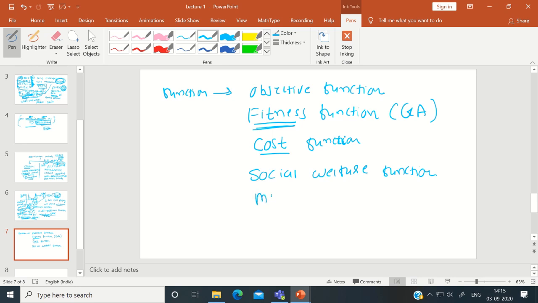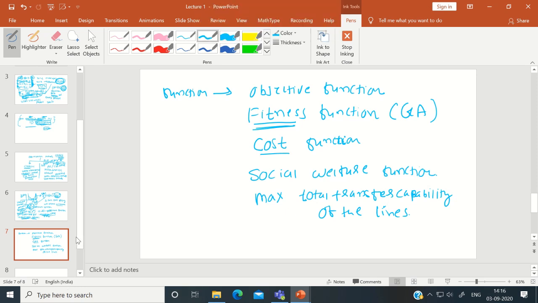Then maximize the total transfer capability of the transmission lines, etc. Right? Okay.